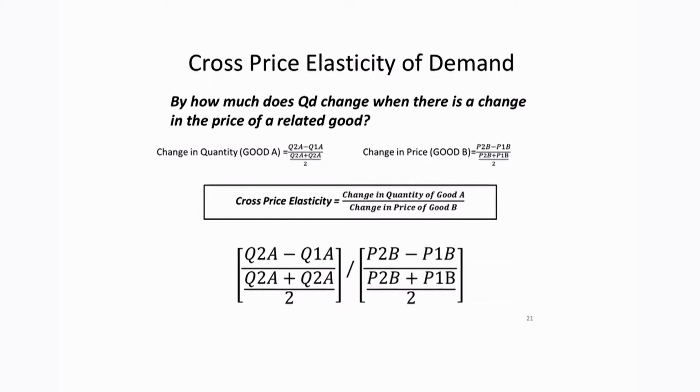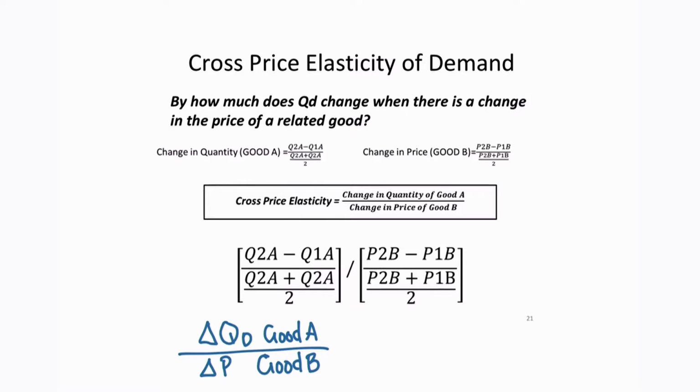Okay, so how do we calculate this? Well, we're looking at, specifically here, the change in quantity demanded for good A divided by the change in the price of good B. So the change in quantity demanded of good A will be quantity 2 for good A minus quantity 1 for good A divided by quantity 2A plus quantity 1A divided by 2.